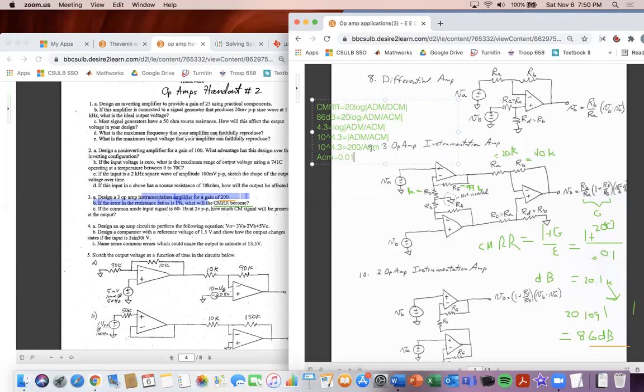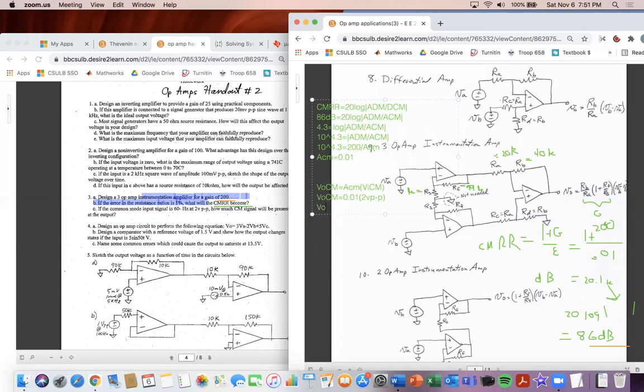And now that we know that, the output voltage of the common mode, if you think of normal equations, is going to be equal to the amplification of the common mode times the voltage input by the common mode. And so the voltage output is going to be 0.01 times the voltage input from the common mode, which we determined is 2 volts peak to peak as provided by part C.